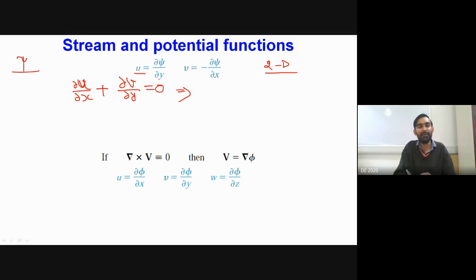So what will be happening if I substitute u and v in terms of psi, we will have del square psi by del x del y minus del square psi by del x del y. So if you are using this substitution, our continuity equation is inherently satisfied. So it means we need not solve this equation.